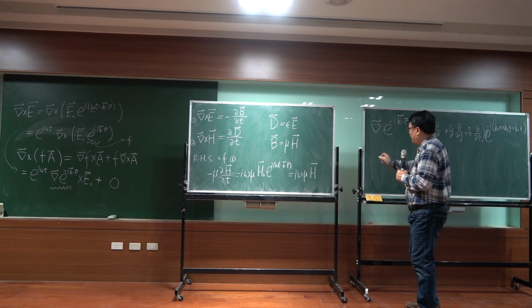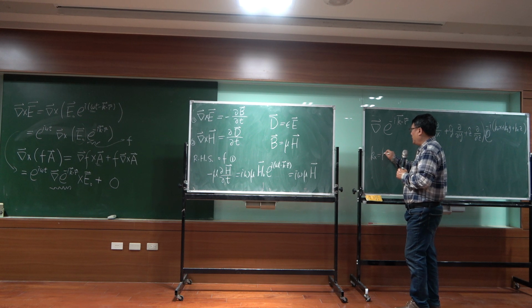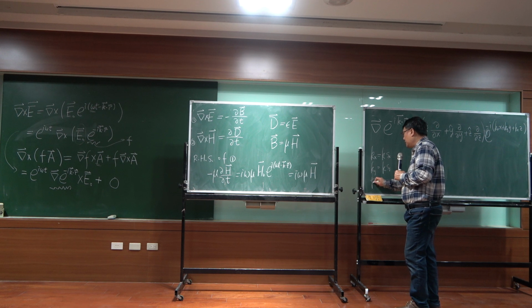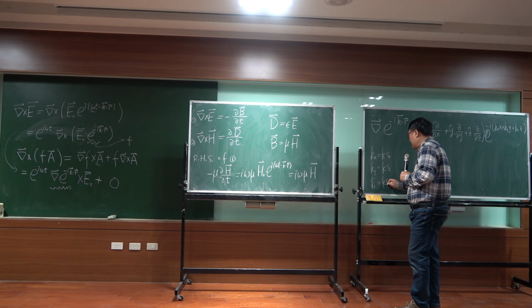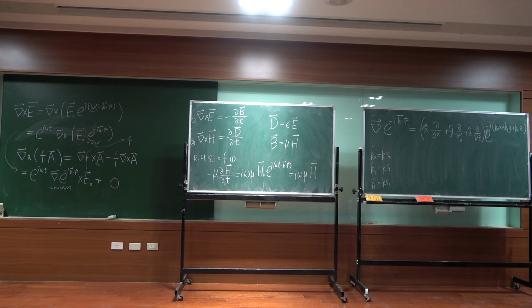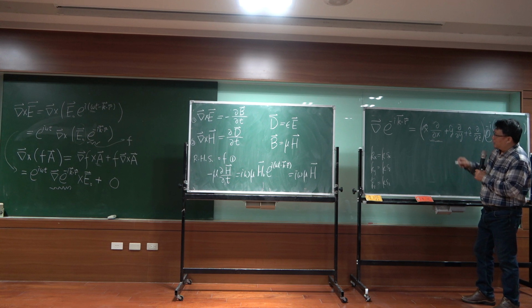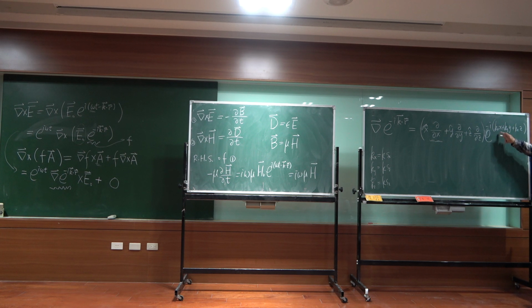Here kx means k times sx, ky is k times sy, and kz is k times sz. sx, sy, sz are the x, y, z components of the s vector, which is a unit vector along the propagation direction. So when we take the partial derivative of this function, we get minus i kx.